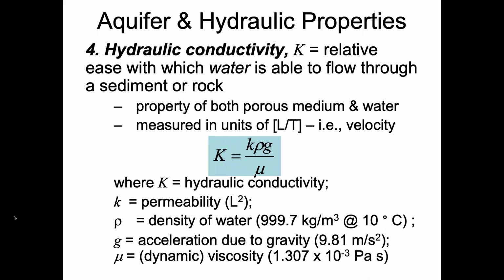So these are factors that we want to be able to take into consideration. So if I give you the hydraulic conductivity and you have these known constants that we're working with, then you can go ahead and solve for the permeability. And vice versa.